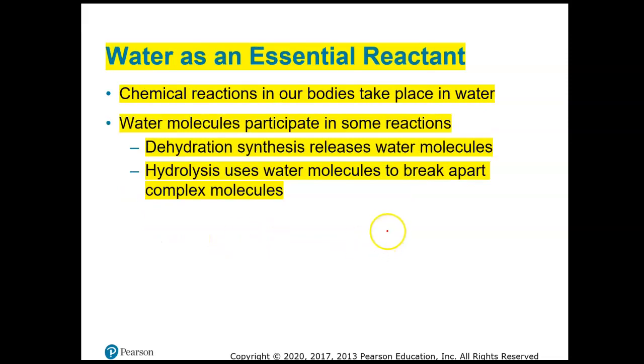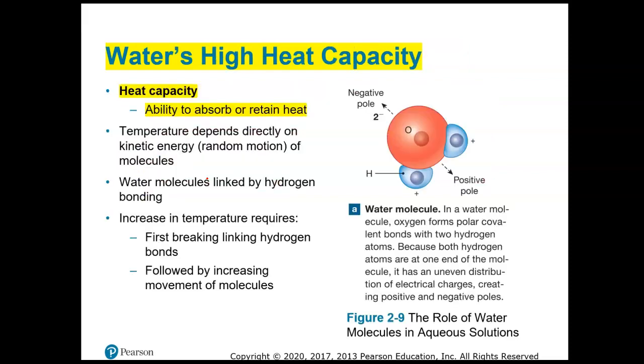So a lot of chemical reactions take place in water. The chemicals have to dissolve in water before they will react. We just said this. Water molecules participate in dehydration synthesis reactions and hydrolysis reactions. Water has a high heat capacity. I just talked to you about that.